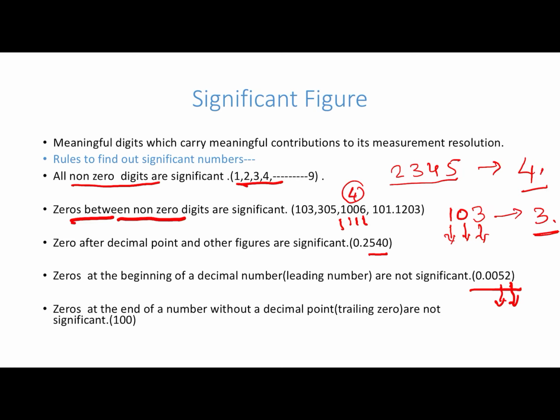How many significant numbers are there? There are only 5 and 2. These are 2 significant figures. And zeros at the end of a number without a decimal point, called trailing zeros, are not significant. Suppose we are writing 100, there is only one significant number.